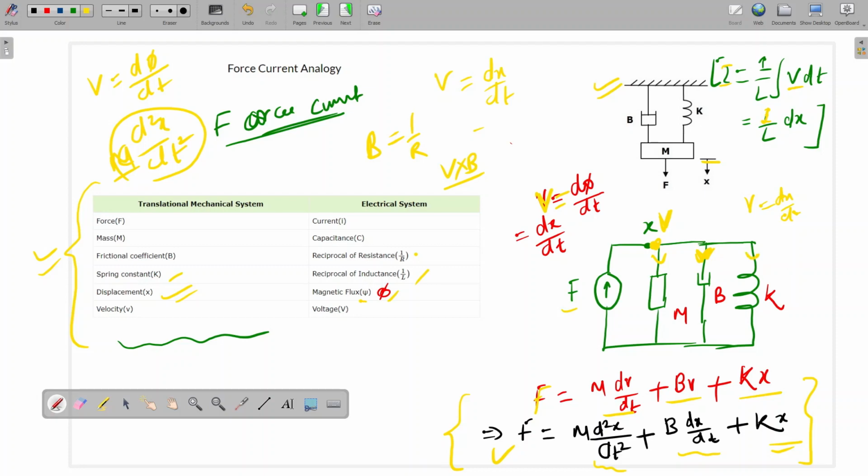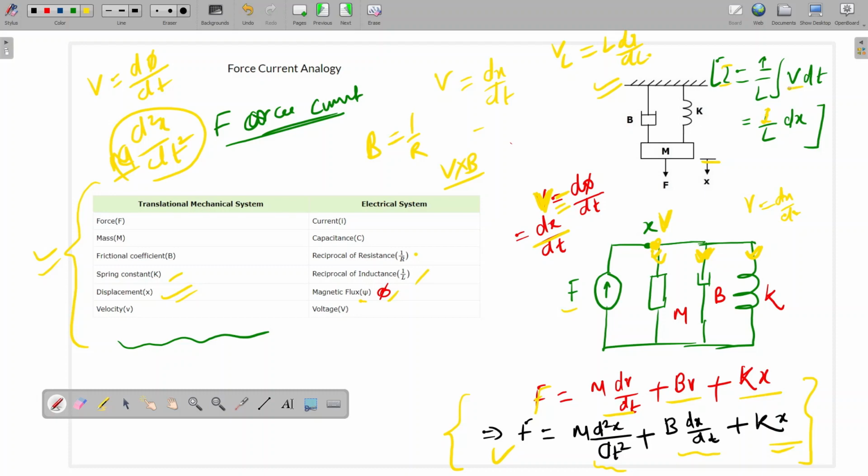And here what will be the current? Here V is equal to L di by dt. So I will be 1 by L into the integral of V dt, and V is equal to d phi by dt, which is dx by dt. Phi is displacement.